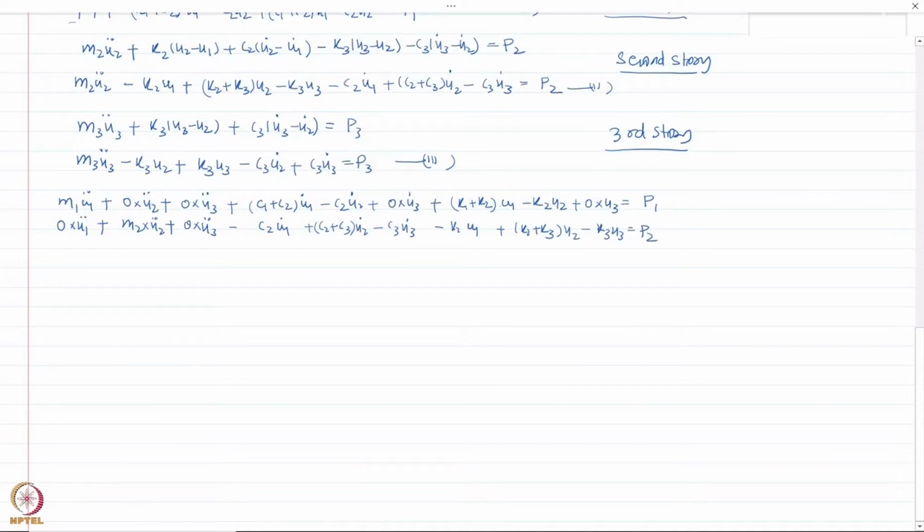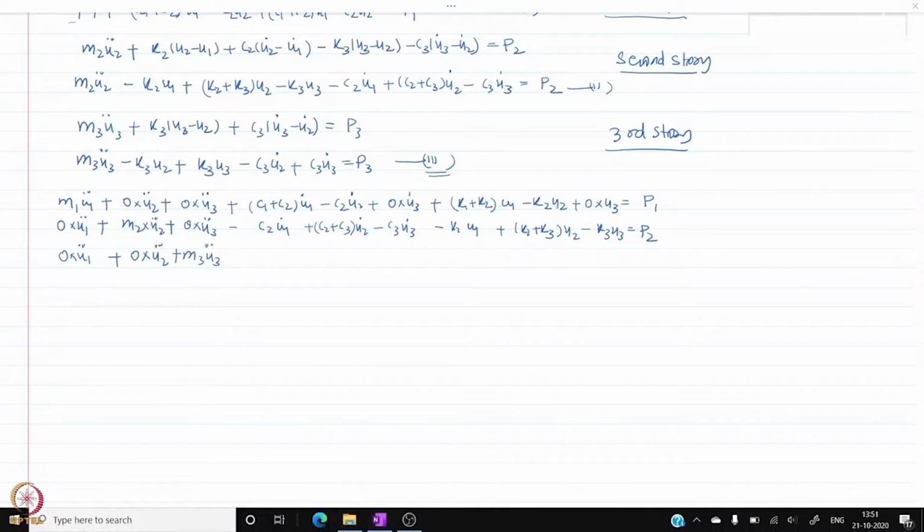Now let us write down the third equation in a similar form: 0 times u1 double dot, and there is no term for u2 double dot, plus m3 u3 double dot.